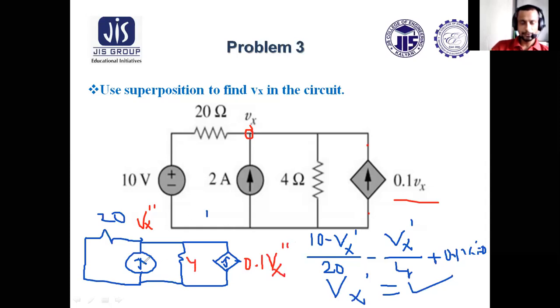This is 4 ohm. So 2 is entering, and suppose this current is leaving.